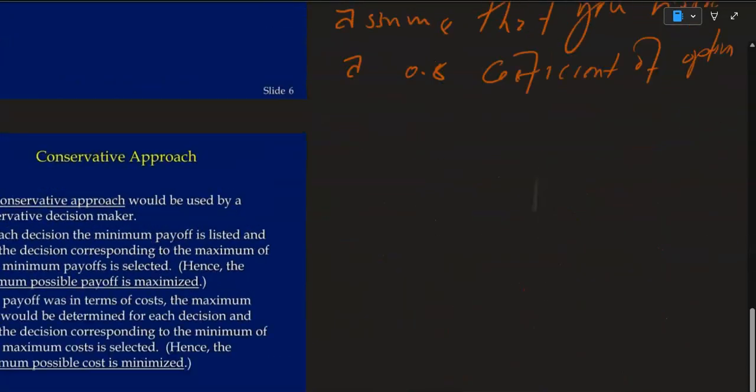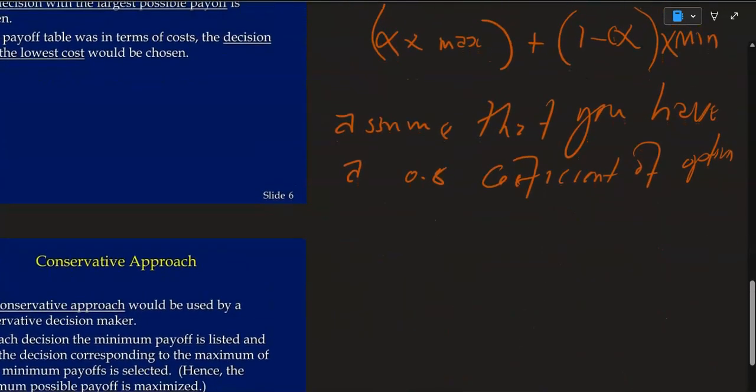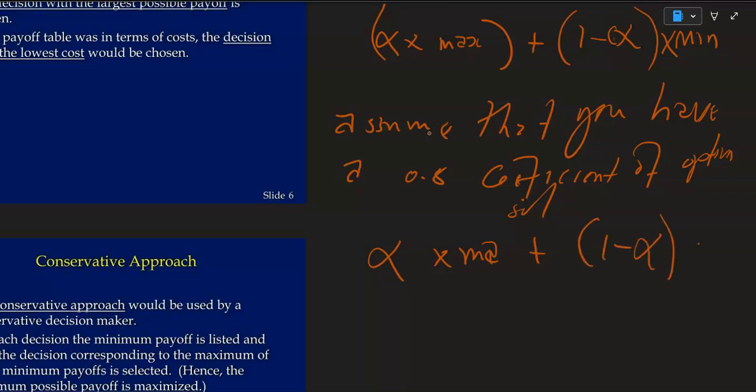So you look at your formula, you bring down your formula: alpha multiplied by max, plus 1 minus alpha multiplied by minimum. What is your maximum value there? Your alpha is 0.8.